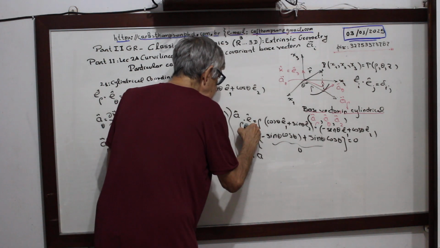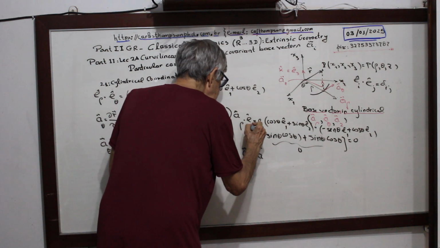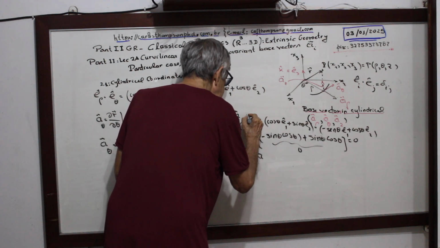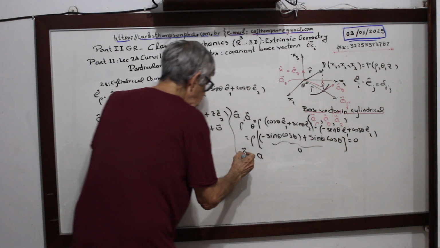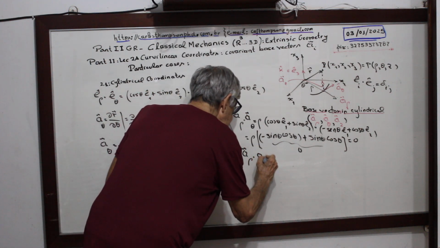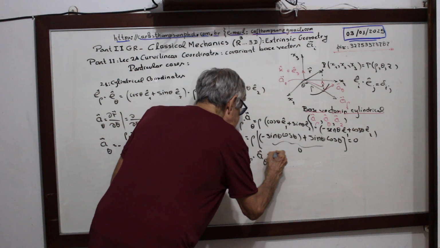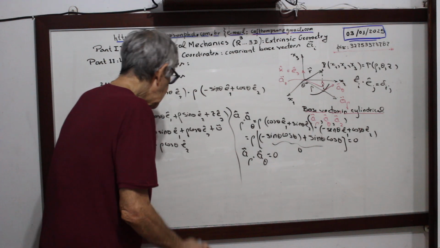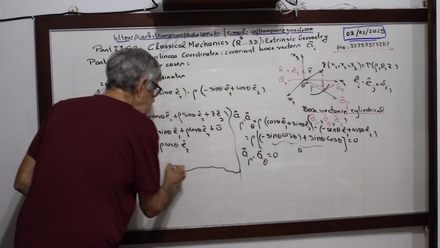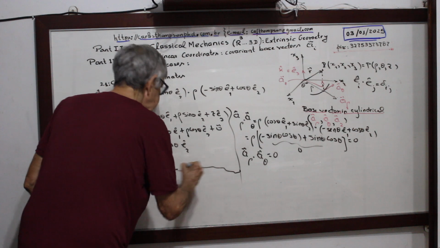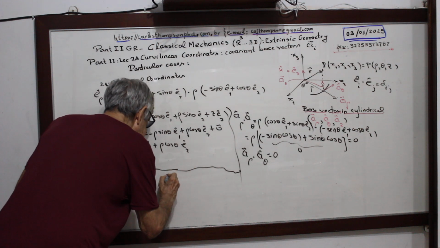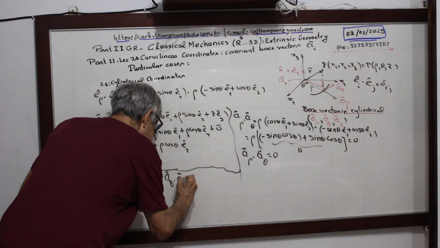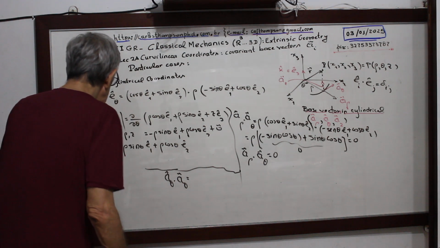I'm not writing E. So a rho dot a theta is equal to 0. You see, this is equal to 0. Now I can develop a theta.